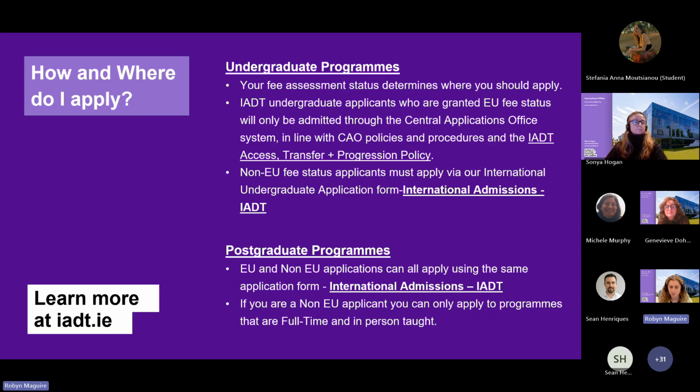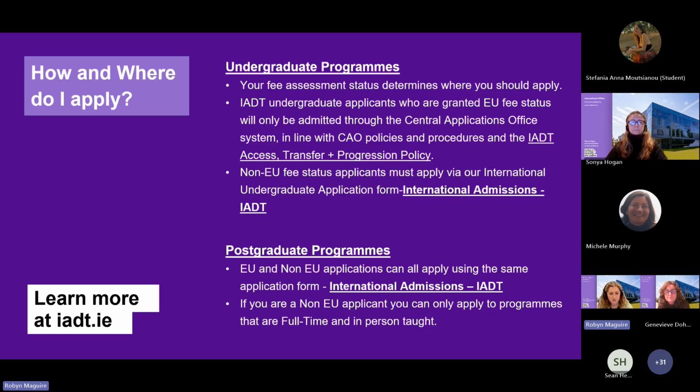That's just something that's important to note. It's also quite important to mention that the Resound application system and the entry requirements are slightly different to the rest of our postgraduate programs. So when you're on the Resound website, you might notice that the entry requirements are slightly different. If you're not sure about what that means, please get in touch with us and we can explain in more detail, okay?